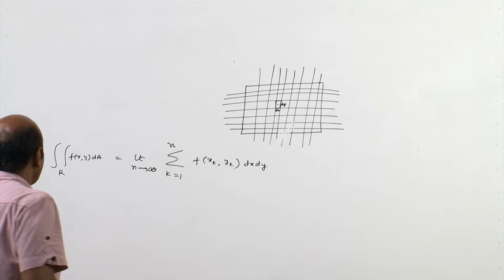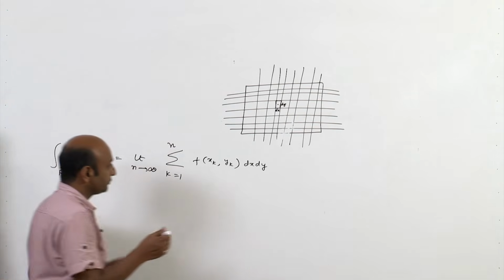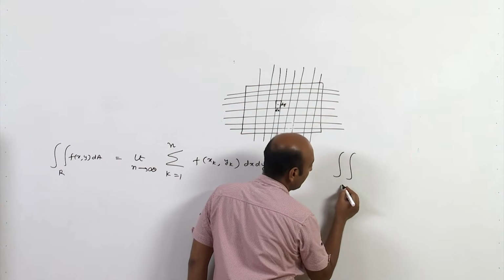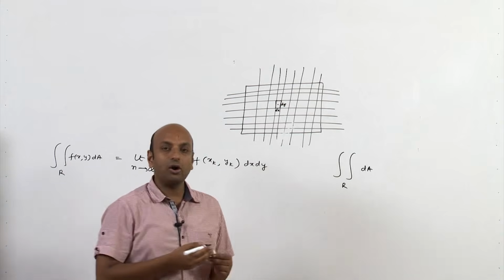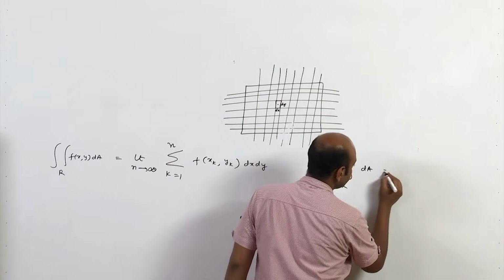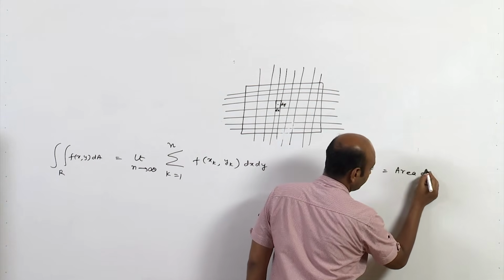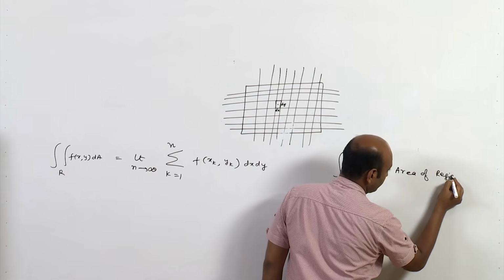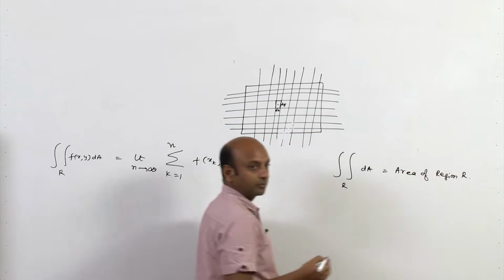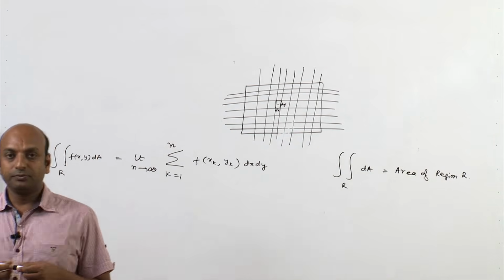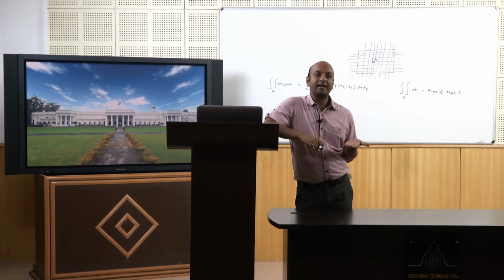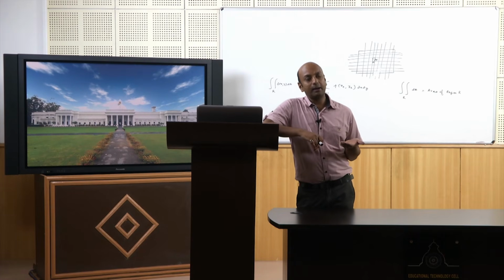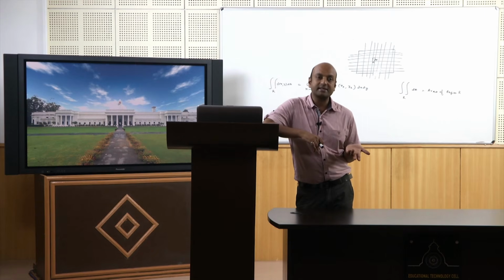Now if f(x,y) is 1, then the double integral over R of dA basically gives the area of the region R. So the area of a region can be computed by the single integral y dx or x dy, or it can also be computed by the double integral over R of dx dy or dy dx.